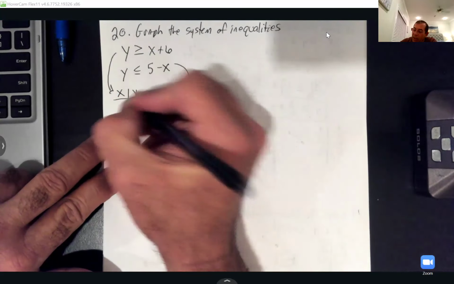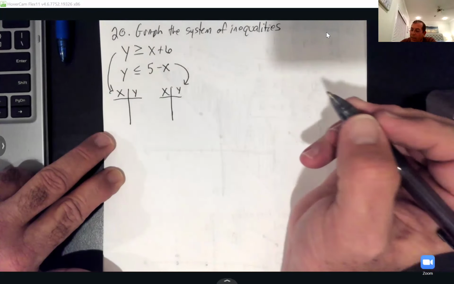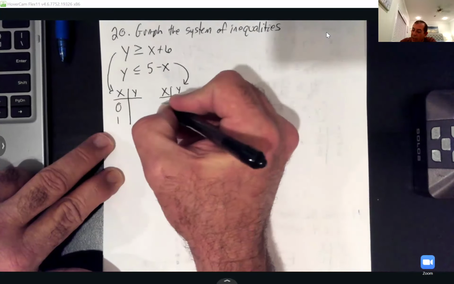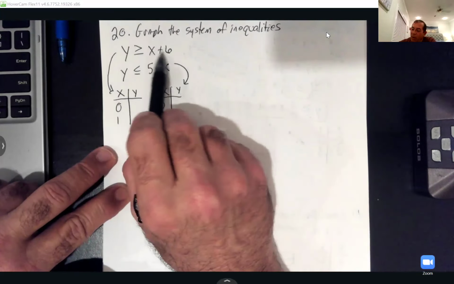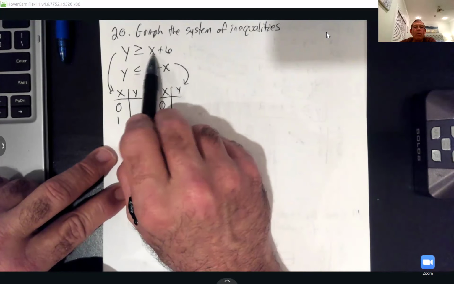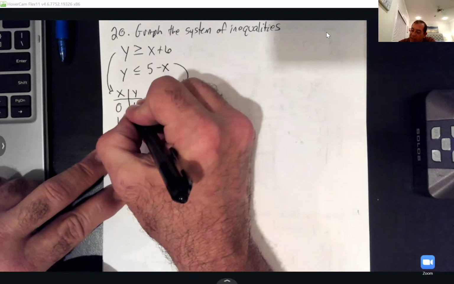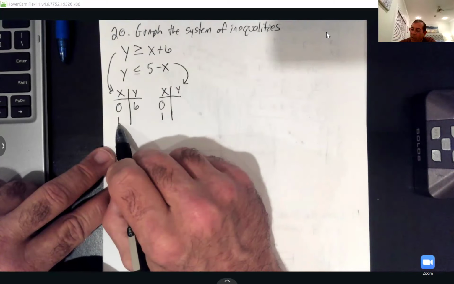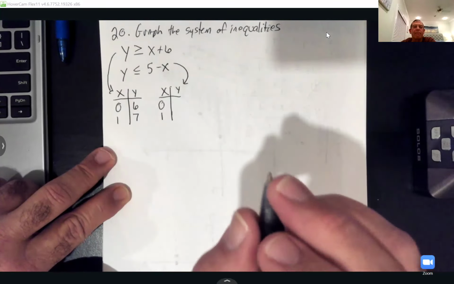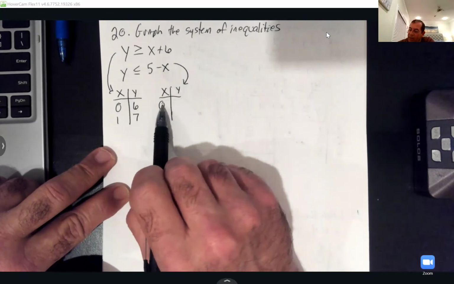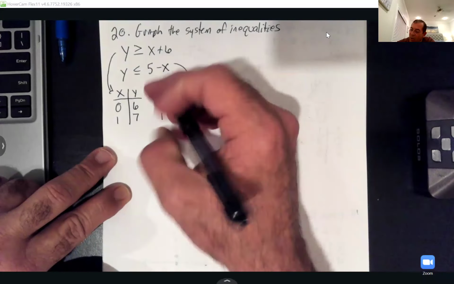I'll use zeros and ones again for both of them. So let's use the 0 and 1 up here. 0 plus 6 gives me a 6. 1 plus 6 gives me a 7. Now the second graph, 0: 5 minus 0 is 5.